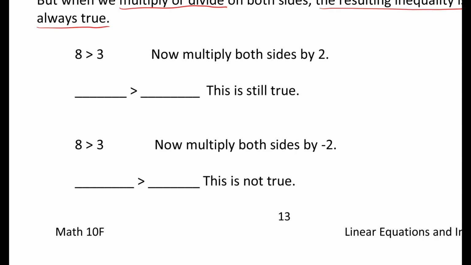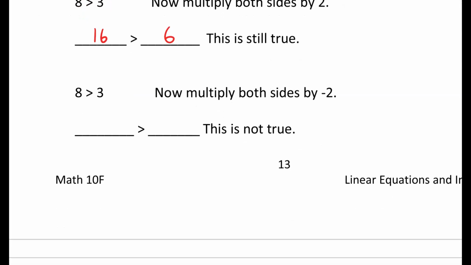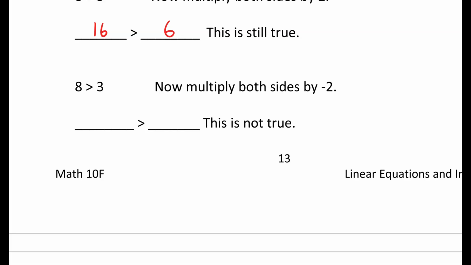So this first one says, now multiply both sides by 2. So we have 8 is greater than 3. If we multiply both sides by 2, we have 8 times 2, which is 16, is greater than 3 times 2, which is 6. So this is still true. But the next one says 8 is greater than 3. Now multiply both sides by negative 2.